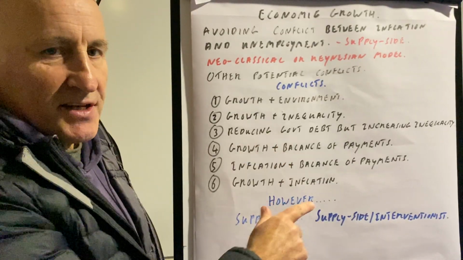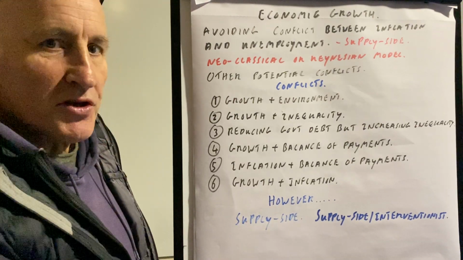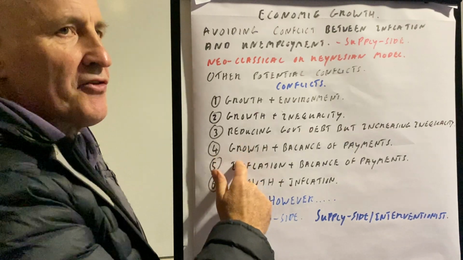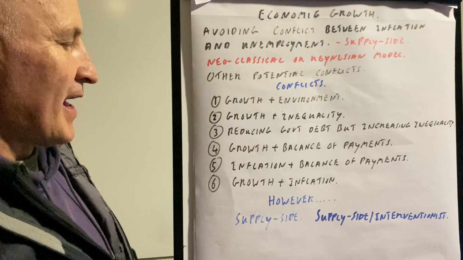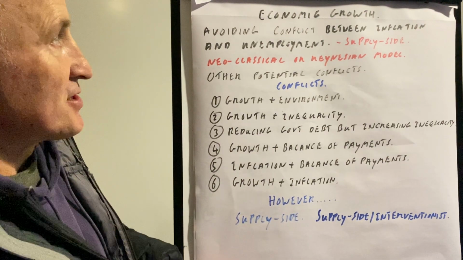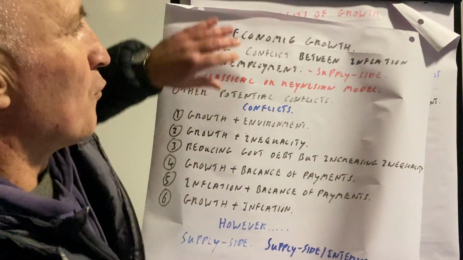Reducing government debt may also increase inequality, because then we're talking about reducing welfare payments or whatever. If you have growth, the balance of payments gets worse because we'll import more goods. Growth and inflation and the balance of payments. However, if you have supply side, then hopefully everything will be okay.